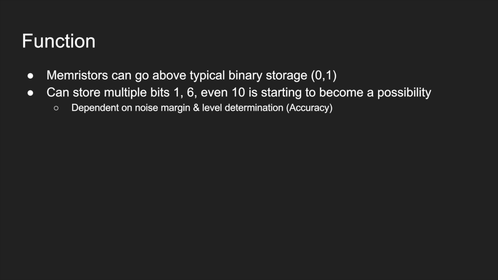A lot of this is dependent on the noise and level of determination, how accurate you can read the different resistances. So as technology advances, this will increase, and you could have one memristor that could store a whole hexadecimal number.